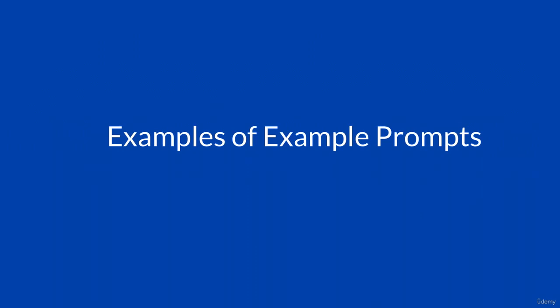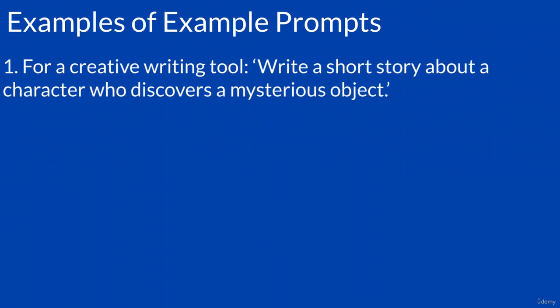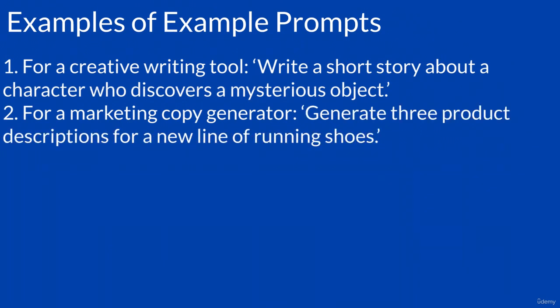Here are a few examples of example prompts in action. For a creative writing tool, write a short story about a character who discovers a mysterious object. For a marketing copy generator, generate 3 product descriptions for a new line of running shoes.